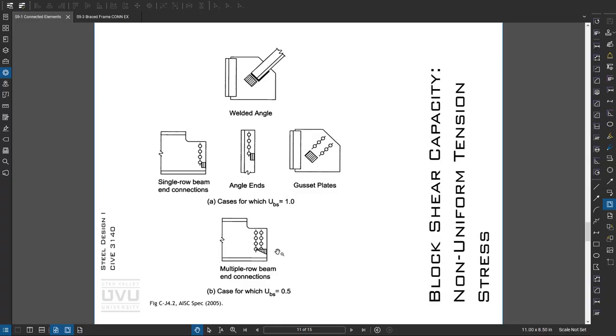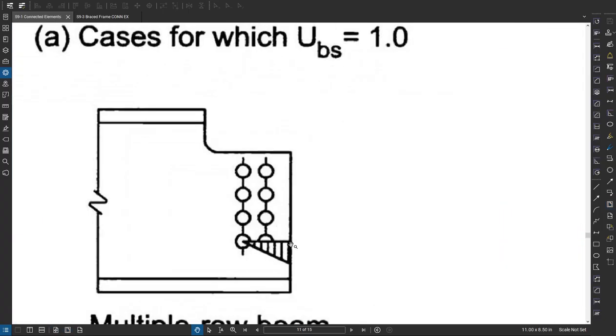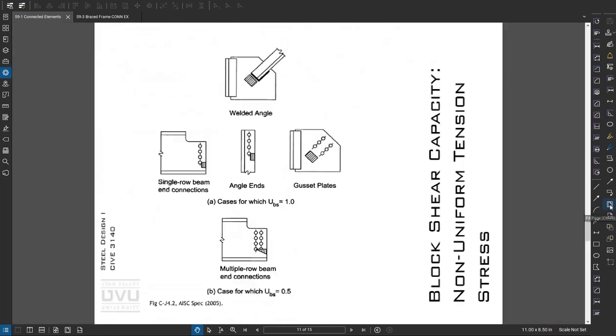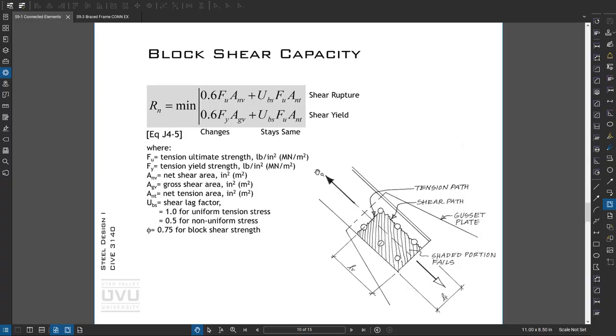Now keep in mind this doesn't mean the connection strength is half, it just means this component of the connection strength counts for half. So it doesn't tend to be the end of the world, it just is a slight reduction. Anyway, what I like to do is calculate each of these three terms separately and then put them together in the equation, see which one is the smallest, hit that by 0.75, and that's my block shear strength.